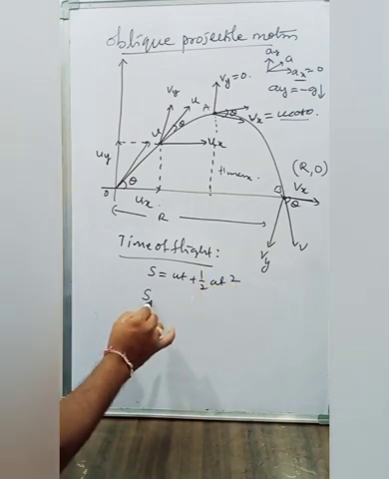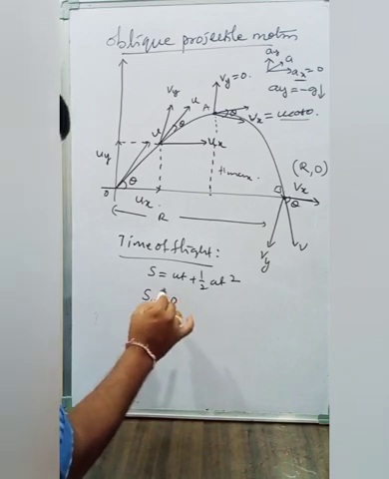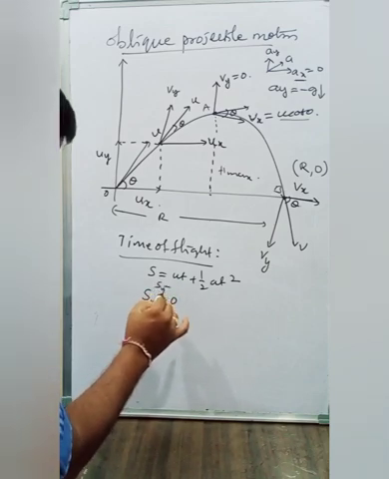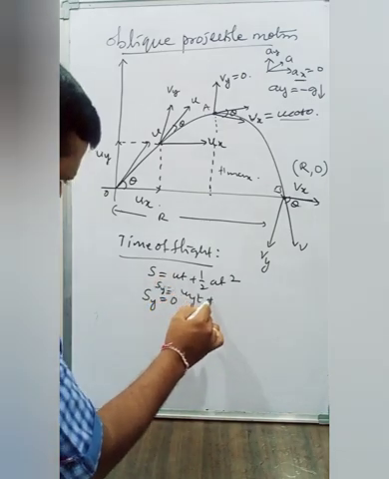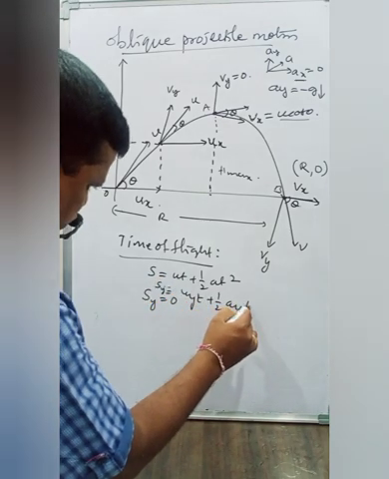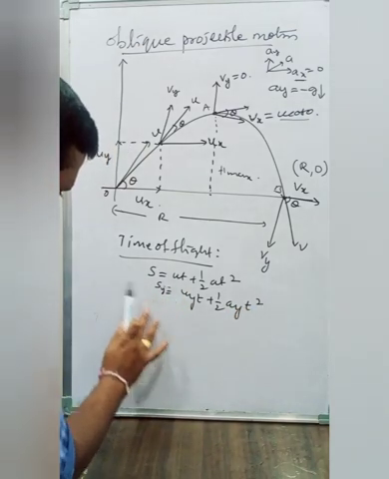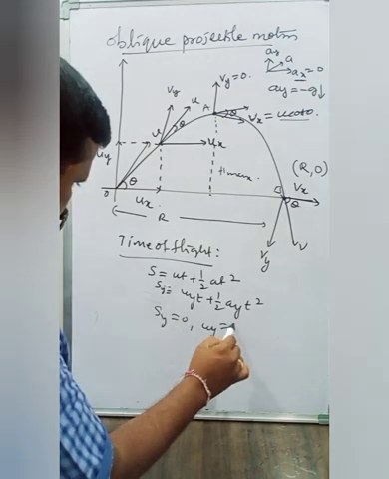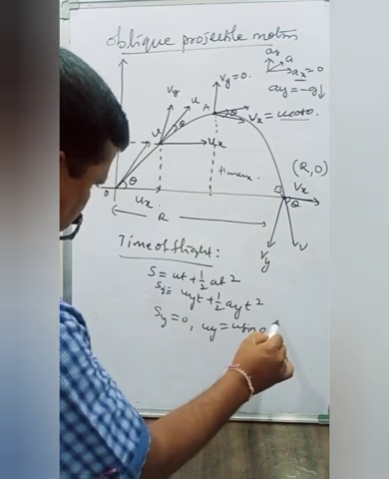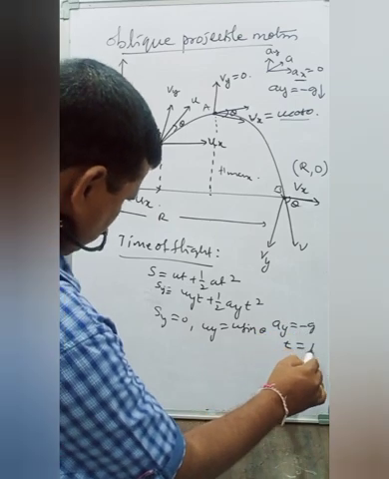Here, throughout, the vertical displacement is 0, so we can write the above equation as Sy = uy t + ½ ay t², where Sy = 0, uy = u sin θ, and ay = −g, and t is the time of flight.